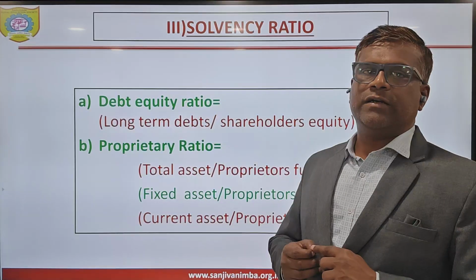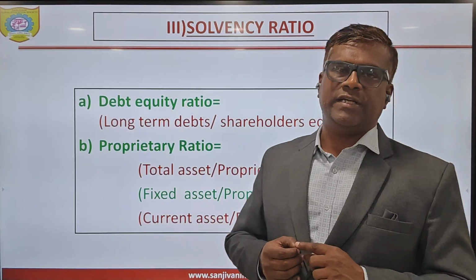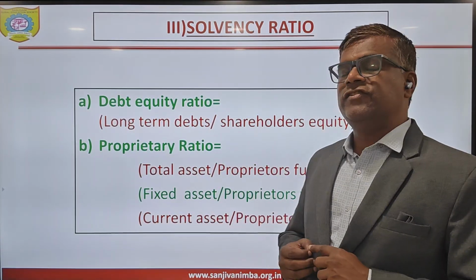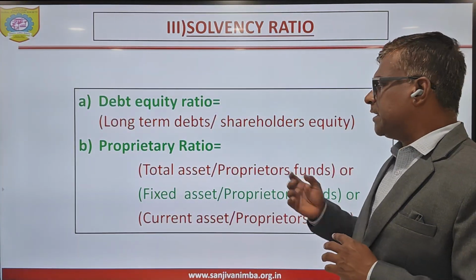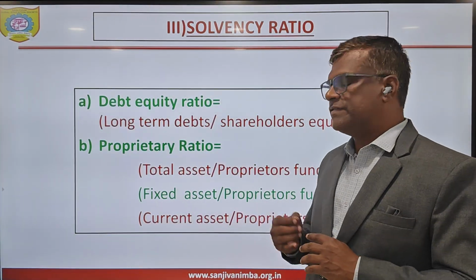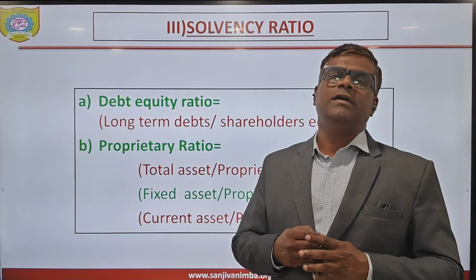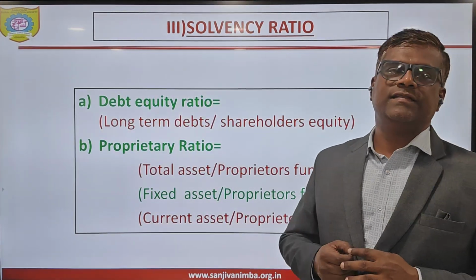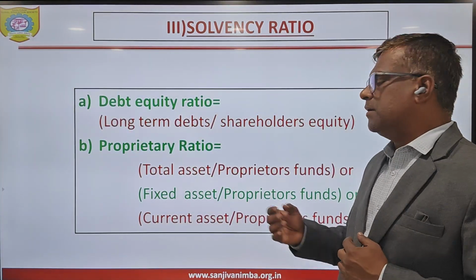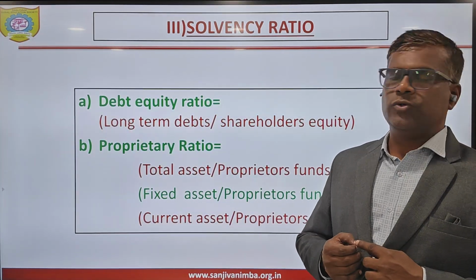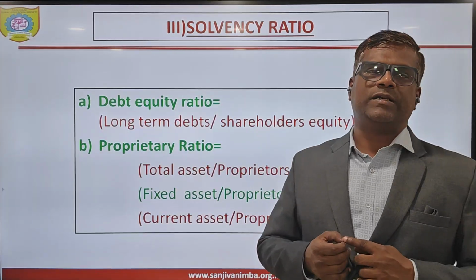The second ratio that we are talking about is the proprietary ratio. There are interestingly three different formulas to it. The first one is total asset divided by proprietor's fund, or the second one is fixed asset divided by proprietor's fund, or another one is current asset divided by proprietor's fund. To me, the most popular and widely practiced ratio is fixed asset divided by proprietor's fund.